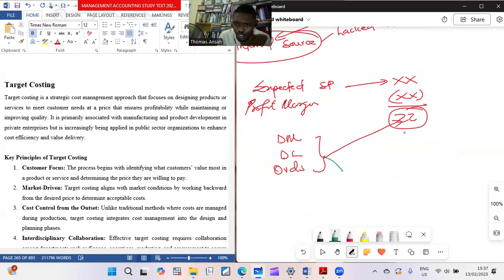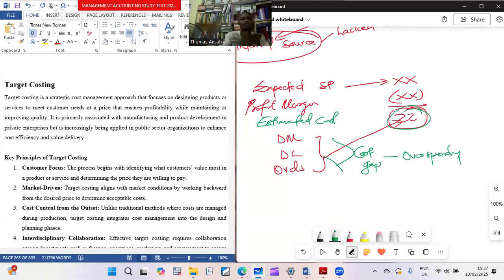But if by any means you exceed this cost, so if your internal cost becomes greater than this expected cost or estimated cost, then there is a cost gap, which means that there was an overspending. Now, you see that if we are able to know our cost before we produce, then we will manage ourselves to negotiate for the things when we are producing.